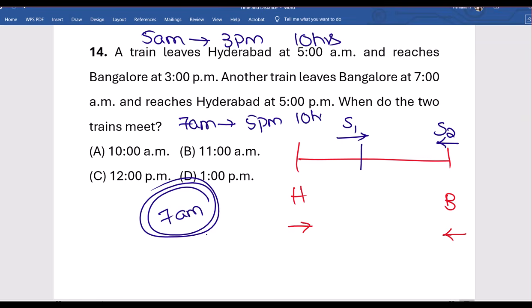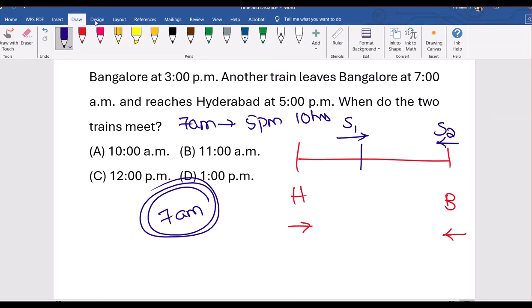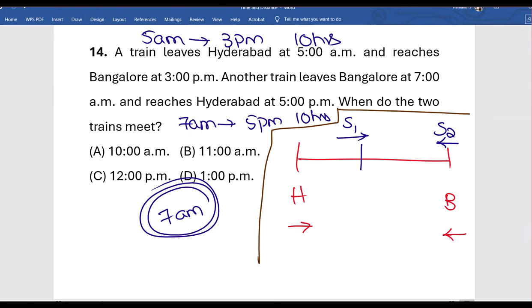Now, what you can do, you can assume the distance between Hyderabad and Bangalore. Your wish, what are the values? No problem. I am assuming the distance is 500 kilometers. You take 1000 kilometers also, it's your wish. I am assuming the distance between Hyderabad and Bangalore as 500 kilometers.